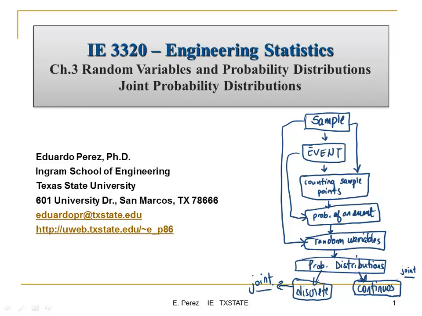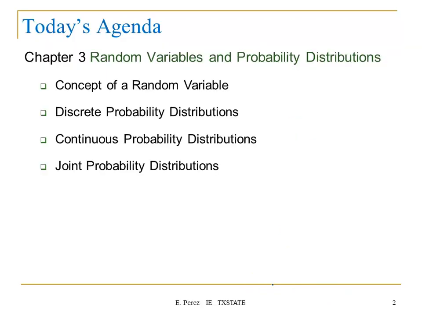We're going to define what a joint distribution is and how we're going to use joint distributions in this class. Okay? So are we clear where we are at this point of the semester? What we're trying to do now is extend the knowledge we have about distributions to joint distributions in both cases, discrete and continuous. Okay? So we're still in chapter 3. And the topic we're covering today is joint probability distributions.